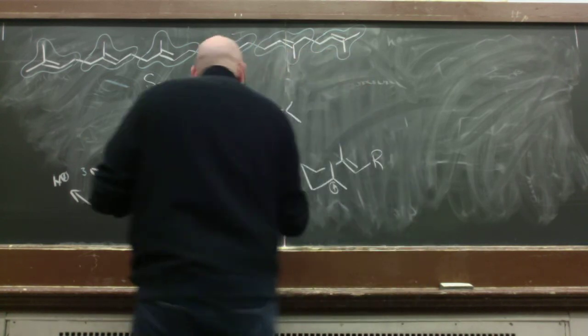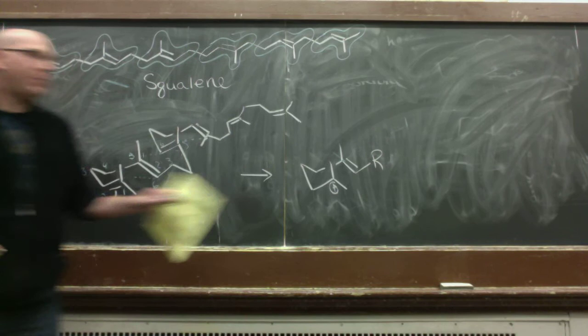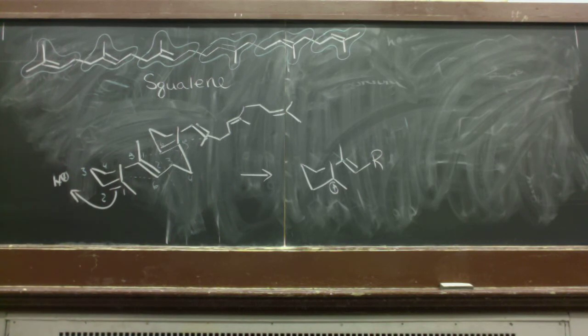I'll just draw that R group there. So we protonated at that carbon, and what's left behind now is a carbocation, right? Now that we've got the carbocation there, this bond can form.